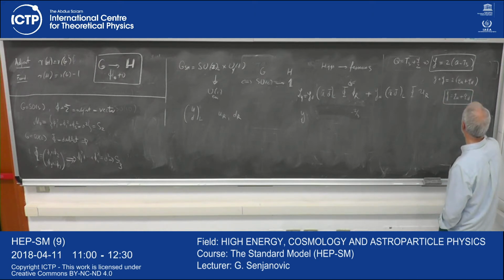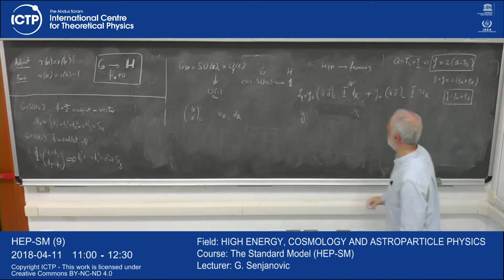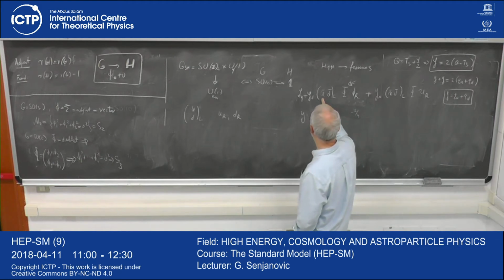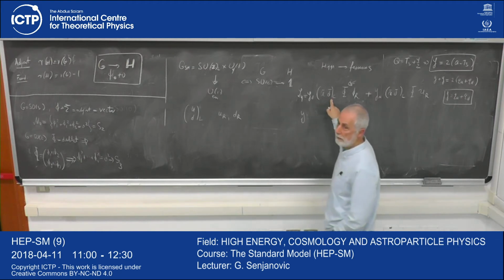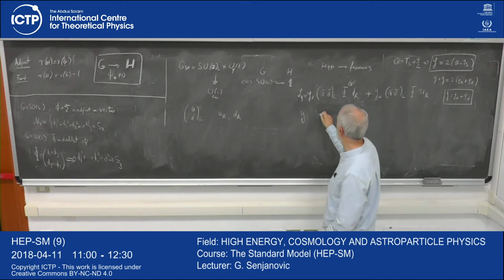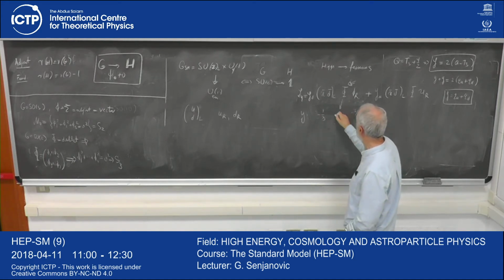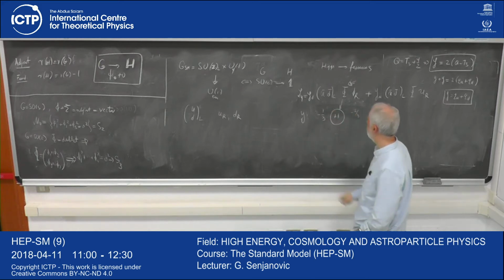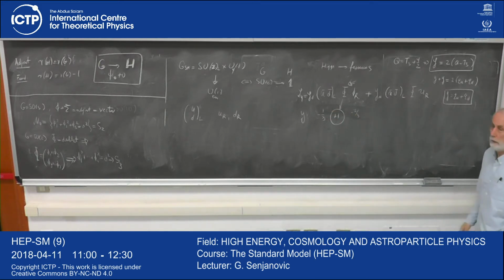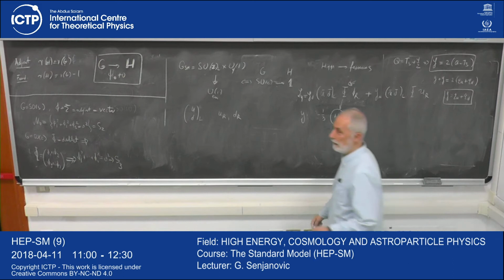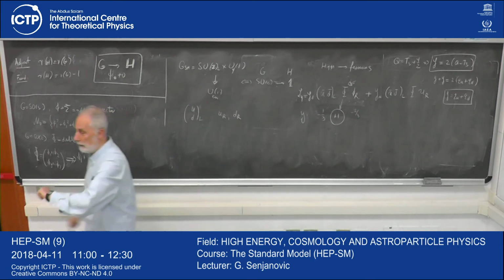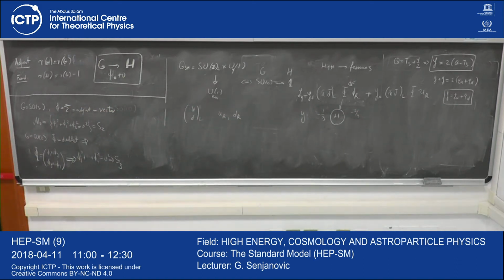So the hypercharge of a doublet is the sum of charges because T3 sums to 0. So 2/3 minus 1/3 is 1/3, but this is bar, so minus 1/3. So what's the hypercharge of phi? Plus 1. Okay, the Lagrangian must be invariant. You cannot carry hypercharge. You cannot carry any charge in the world.